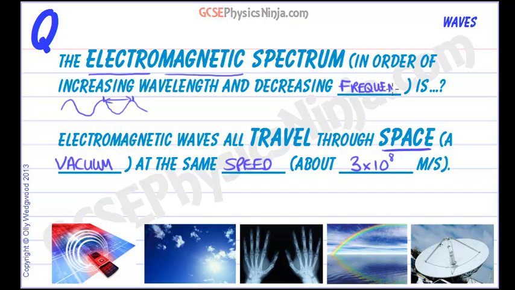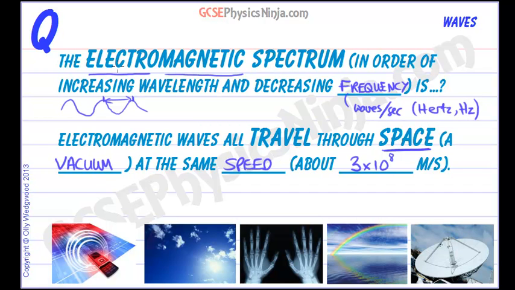Where frequency is the number of waves that pass a point every second. It's the oscillations per second, or waves per second. Waves per second, and that's measured in hertz, which is a shortening Hz, capital H, lowercase z.